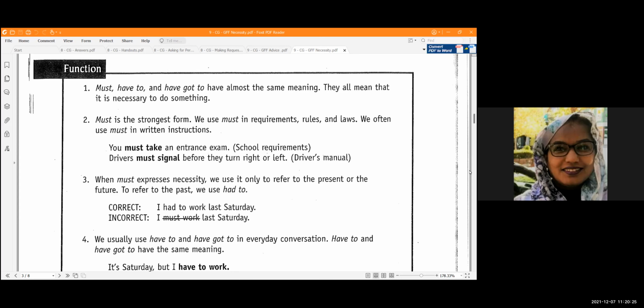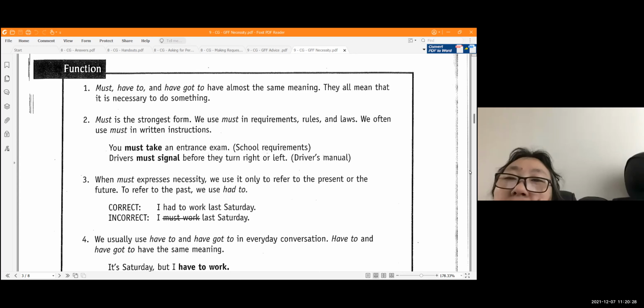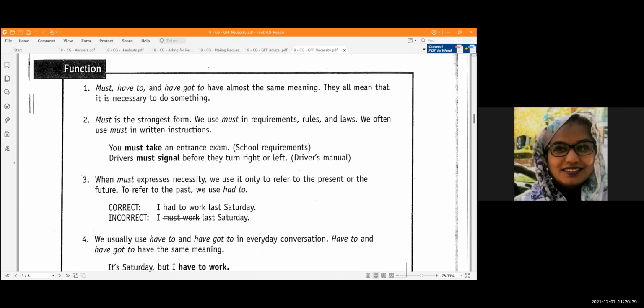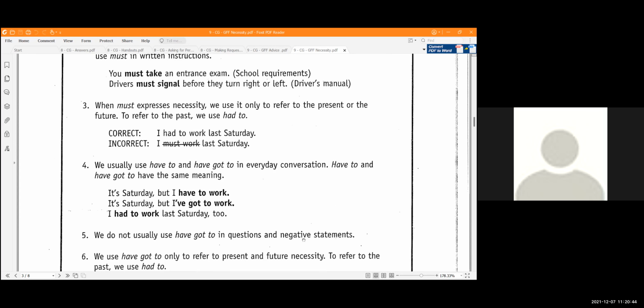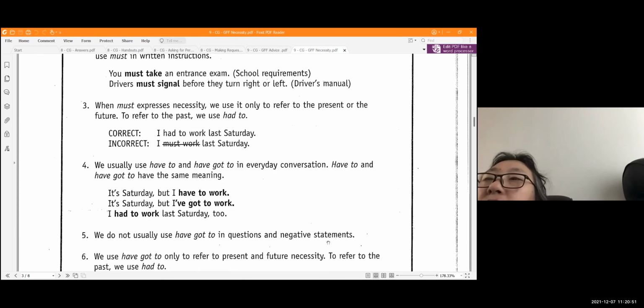Must can be used for present or future situations. It cannot be used in past situations. We can use the present, there's no problem, and the future also. But for the past, we must use had to.